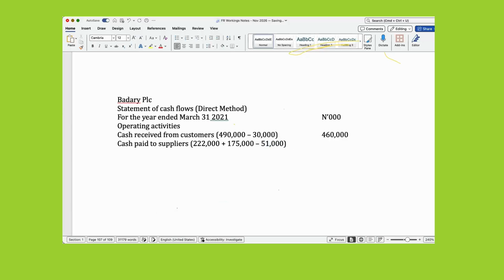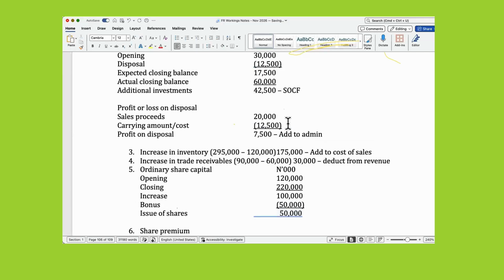So how much is my cash paid to suppliers? Somebody said 346,000. Okay, I want to believe that that's correct.